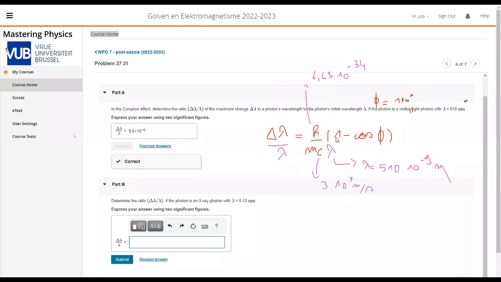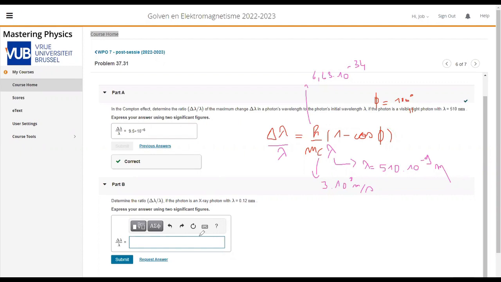I forgot to put this because it was a long equation in my calculator. But don't forget to put this in your calculator. Then you have this one.